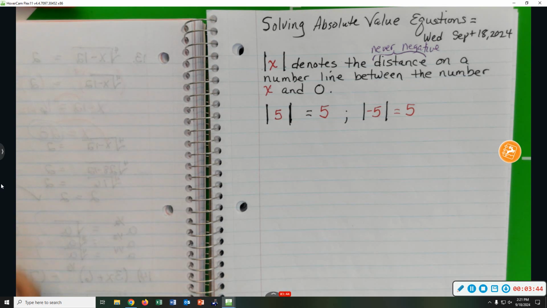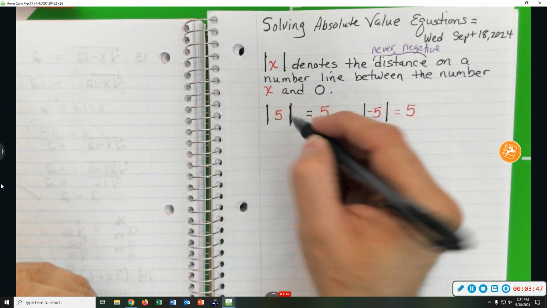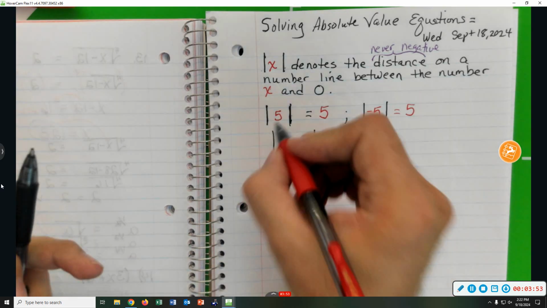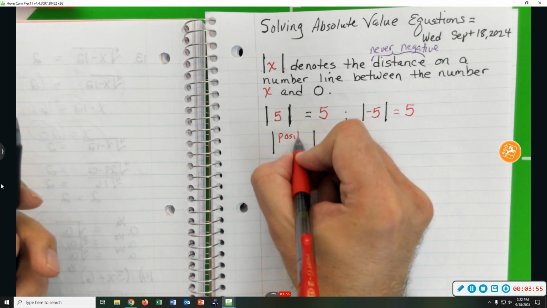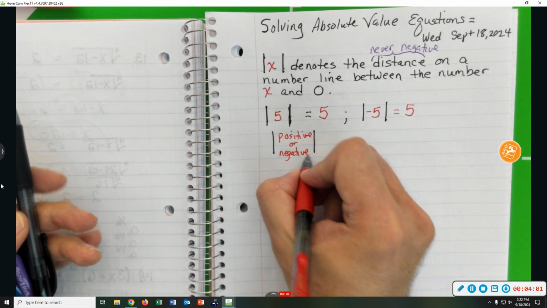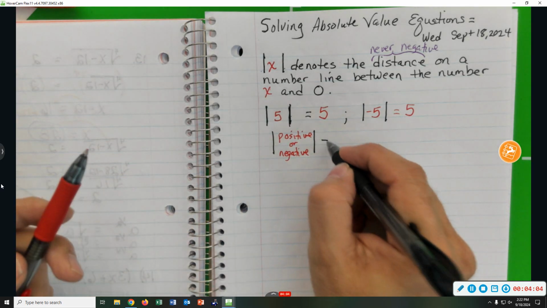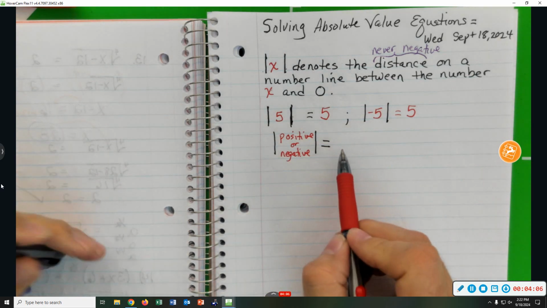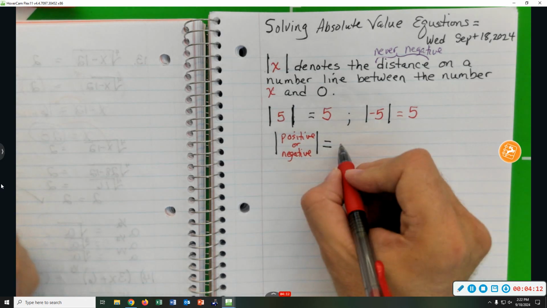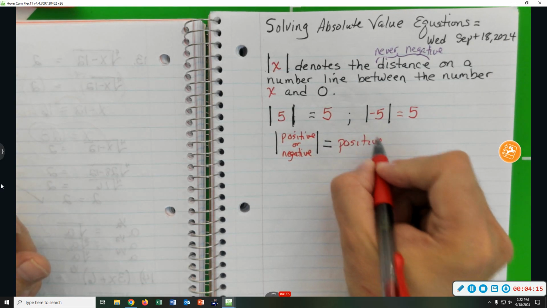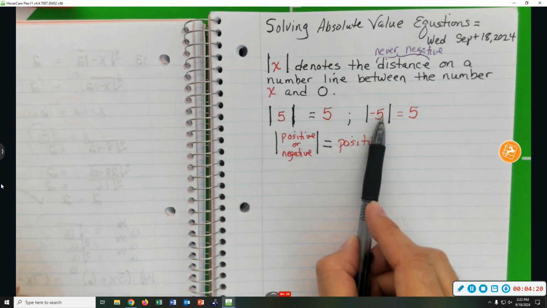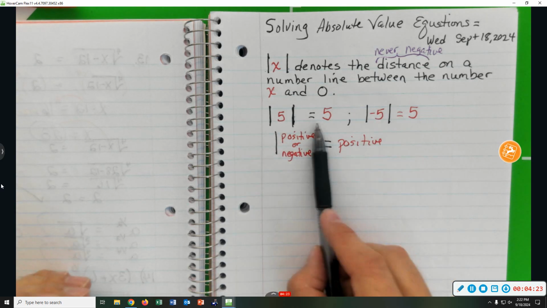It doesn't matter if you have a positive number or a negative number inside the absolute value bars. The absolute value, the number on the right, is always going to be what? Positive or negative? Positive. So it doesn't matter whether the number inside is a positive 5 or a negative 5. The absolute value is still going to be 5.